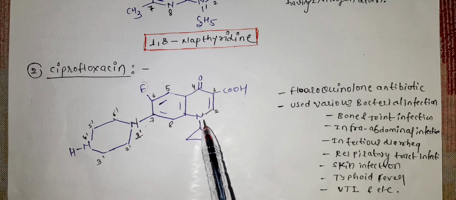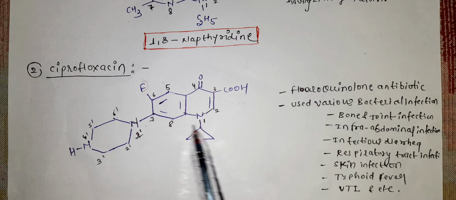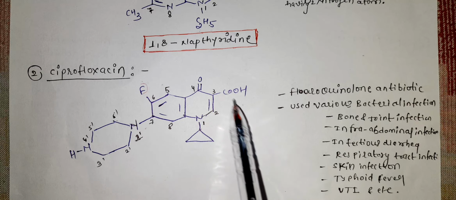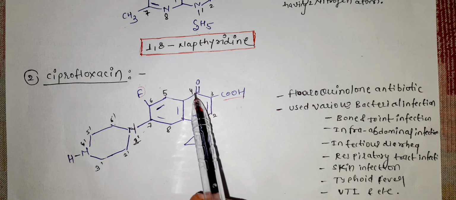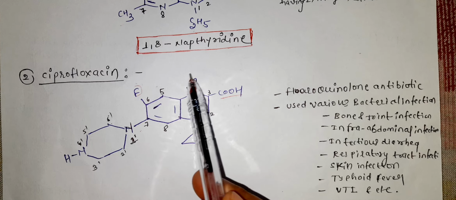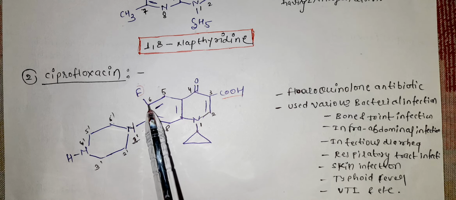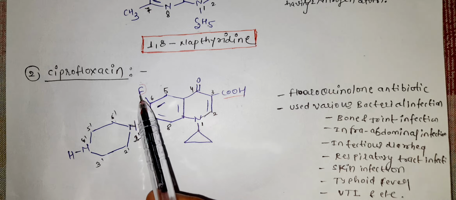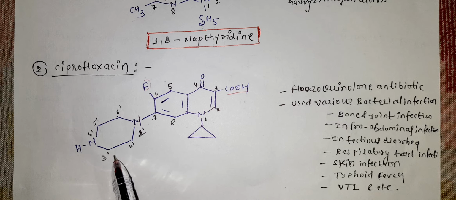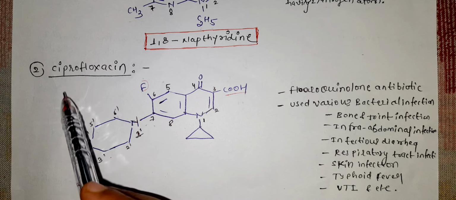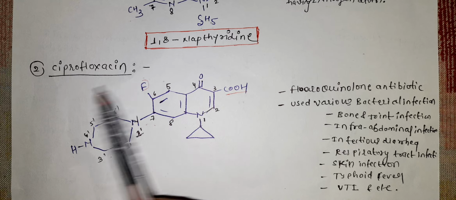The first position is substituted by a cyclopropyl group, position 3 by a carboxylic group, position 4 by an oxo group, position 6 by fluorine, and position 7 by a piperazine derivative. So this is the structure of ciprofloxacin.